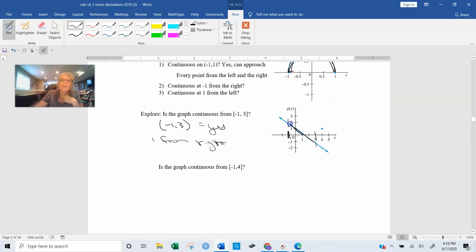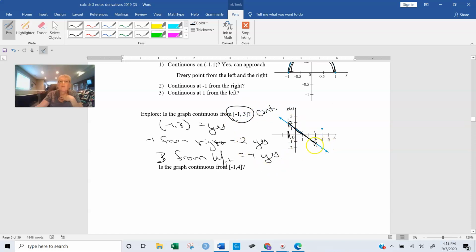As we go up here, we approach -1, it equals 2, so yes. How about 3 from the left? So from the left, we go down to 3, it approaches -1, so we have a value, and the answer is yes. So this is continuous from here to here, so yes, it is continuous.